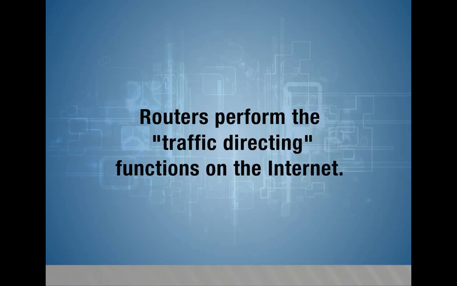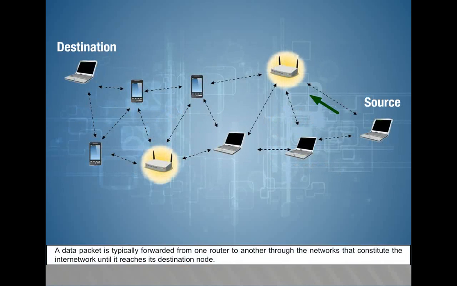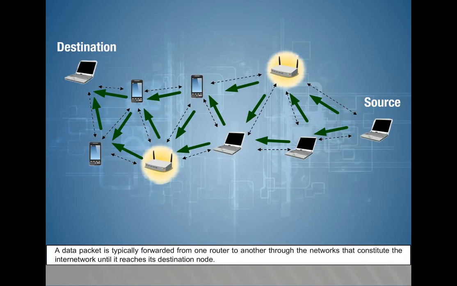Routers perform the traffic directing functions on the Internet. A data packet is typically forwarded from one router to another through the networks that constitute the Internet until it reaches its destination node.